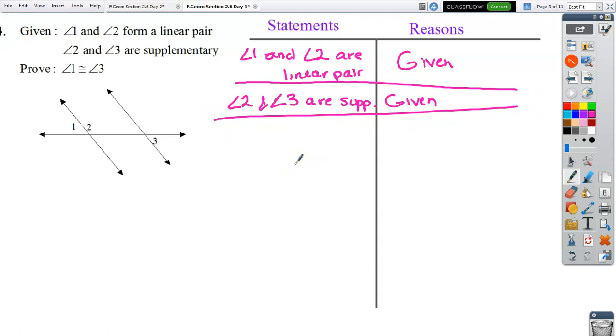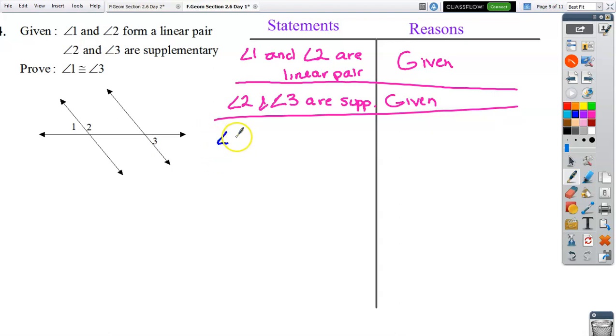Okay. So we need to prove that angle 1 and angle 3 are congruent to each other. Well, angle 1 and angle 2 are supplementary, and we can tell because they're a linear pair. That was that theorem, I think theorem 12.